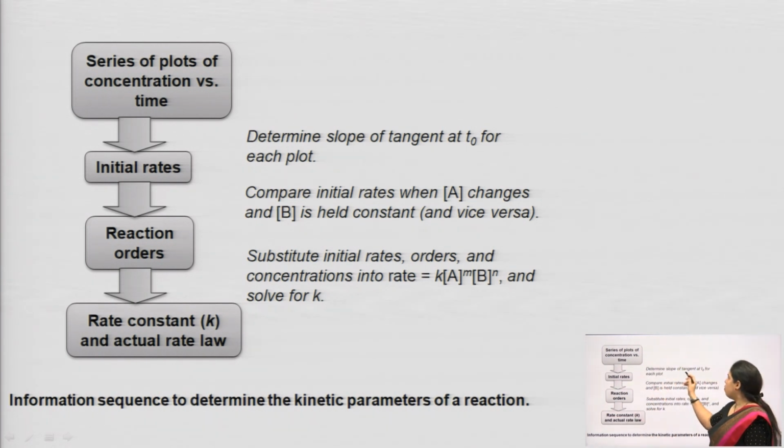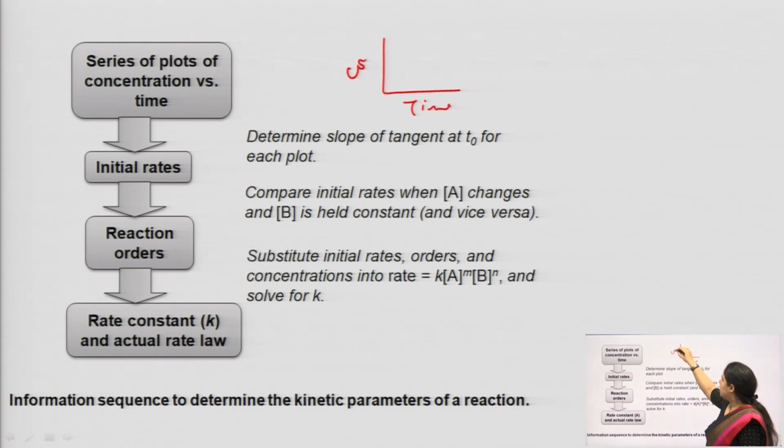So, determine the slope of the tangent at t 0 for each plot. Basically we are taking time and concentration. So, concentration and time. Generally, this point is considered as t 0 and this as t 1. Then compare the initial rate when A changes and B is held constant.